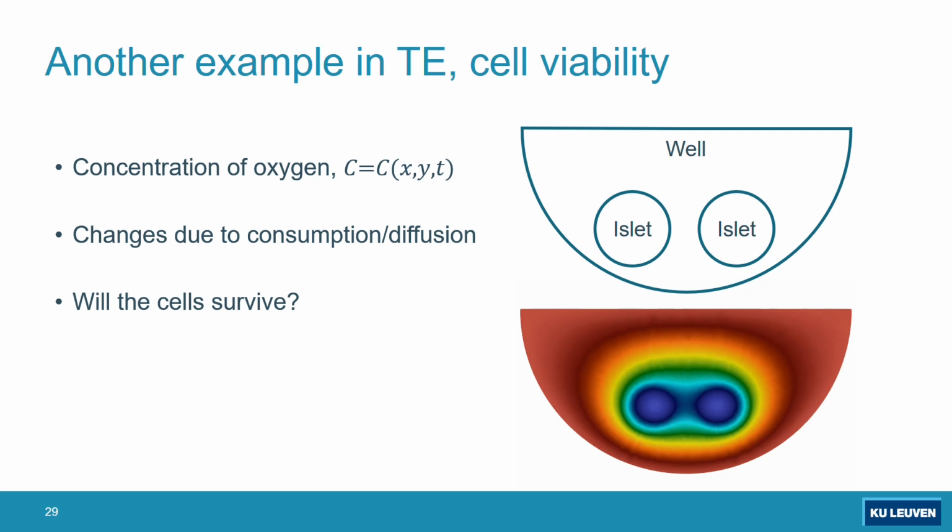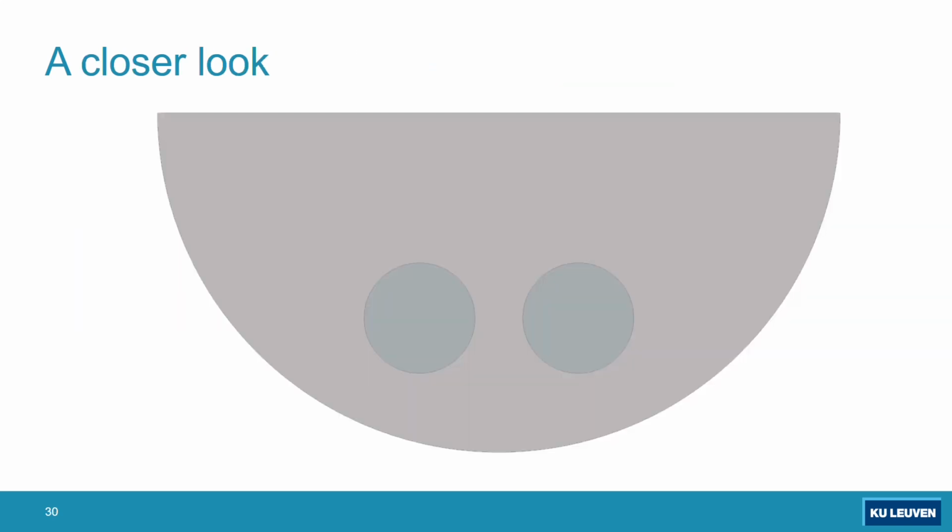But then how do we solve this? Let's have a closer look at the geometry. This is the initial geometry that we start with. And we want to solve the equation, assume that we have the equation. I showed you the equation in the beginning, but it doesn't matter how it is.